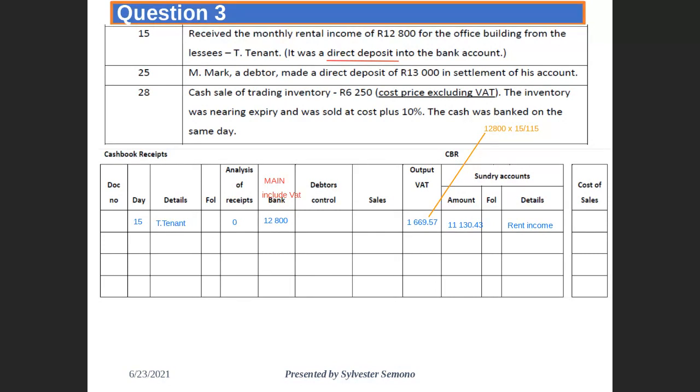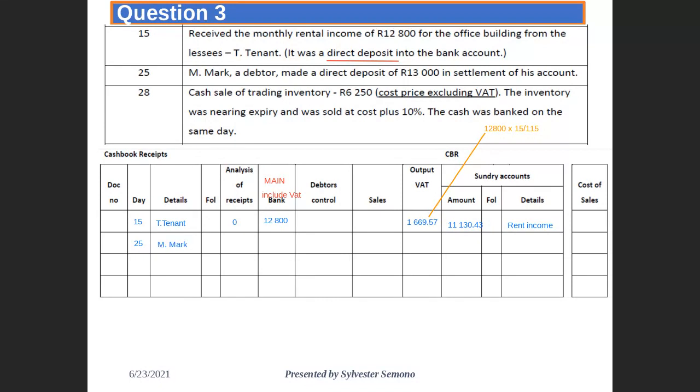Okay, guys, if you understand, I'm going to continue. On the 25th, I'm going to write 25th here. And then obviously we received money from M Mark. I'm not going to waste time for you guys, so if you don't understand, you stop me. Tell me where to go from here.